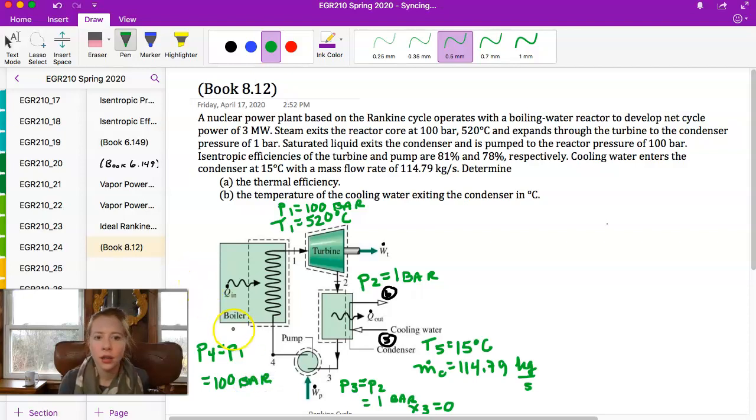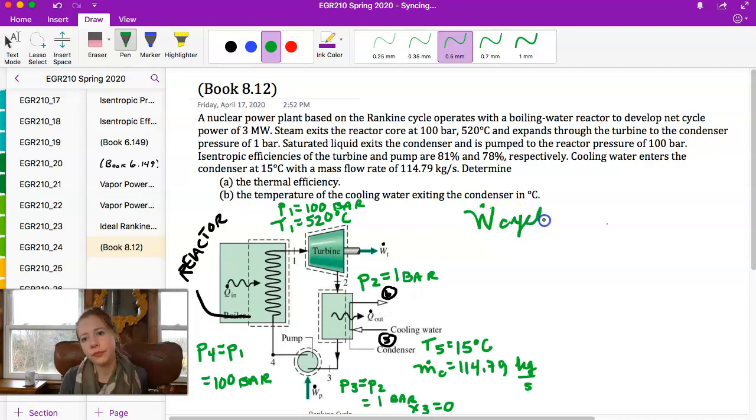And since we're dealing with a power plant, rather than a boiler, this would be a reactor. Let's just clarify that. Let's see. I think that's most of it. We're also given that W dot cycle is 3 megawatts. We're given that the isentropic efficiency of the turbine is 0.81.